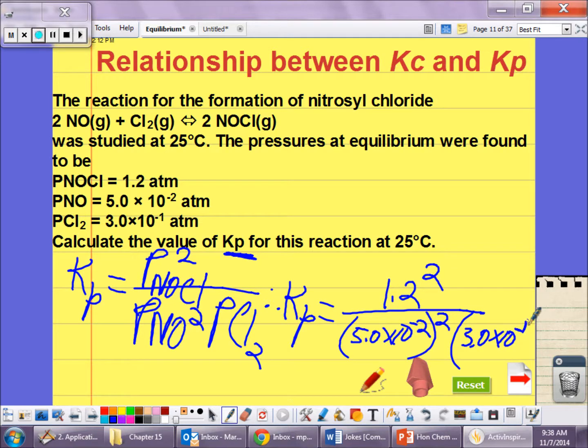Remember, sig figs count. And this is to the first power. Therefore, you do all of this on your test. Write the expression, plug in the numbers, and then write your final answer.